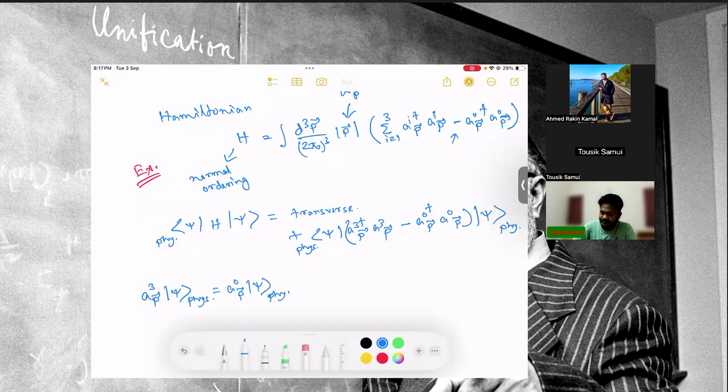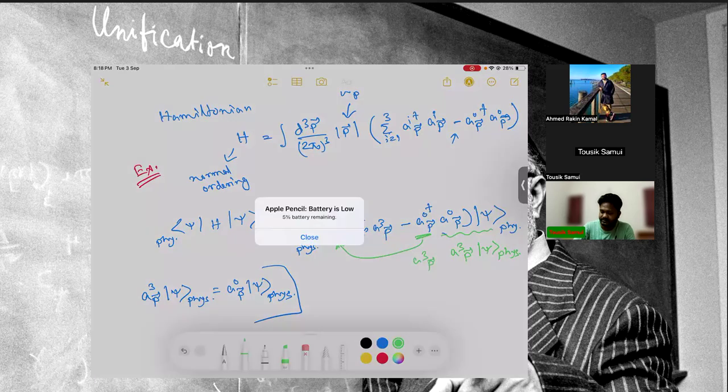With this condition, this part is equal to a3 of psi physical, and this with this gives me again a3.